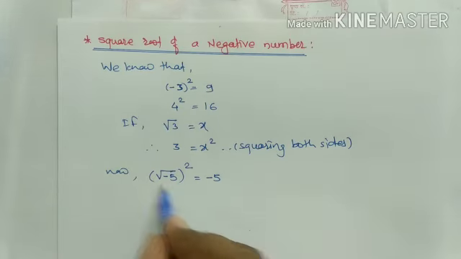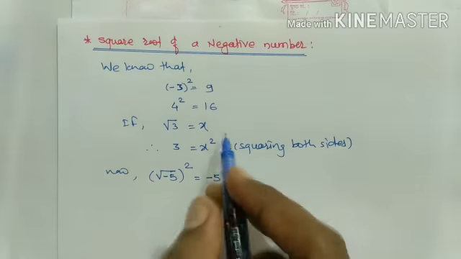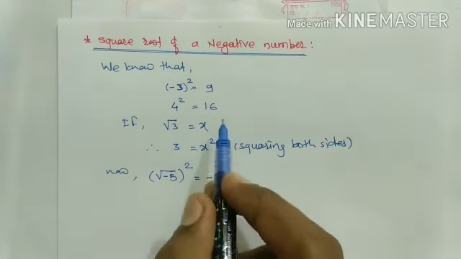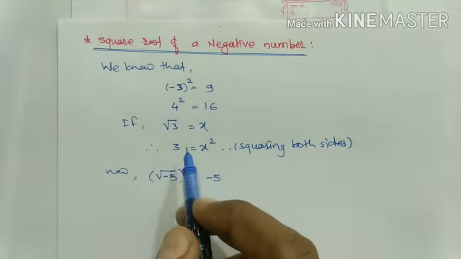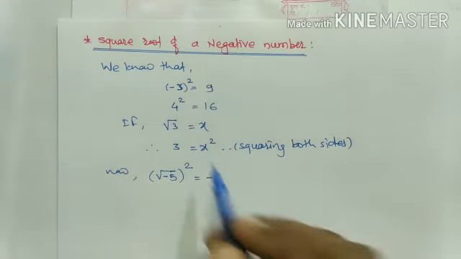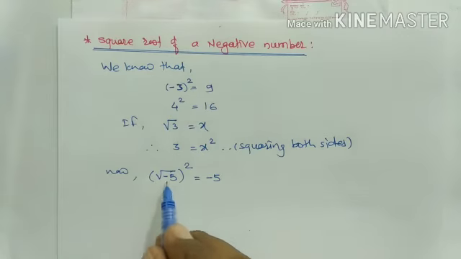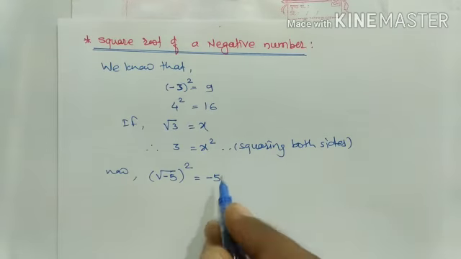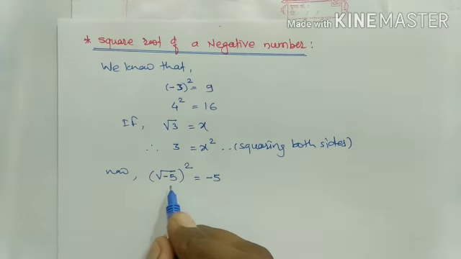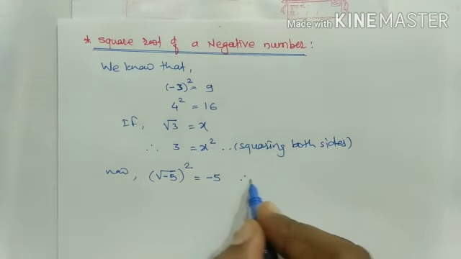Here the square of this number is negative, but we know that the square of any number, negative or positive, is always positive. But here the square of this number is negative, therefore it is not a real number.